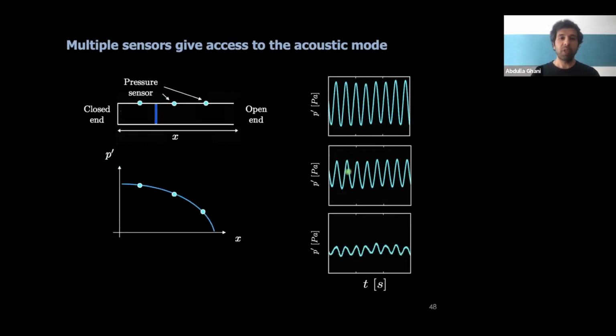Then I put another one, so I now have 3 pressure sensors and 3 different amplitudes. So I have an idea which acoustic mode is perhaps active in this chamber. This is used, for example, to identify what mode shapes look like. So these sensors are available in gas turbines or in combustion systems.